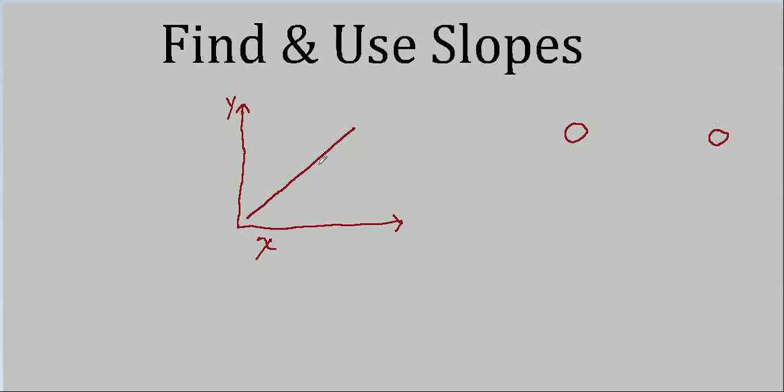So how far did we move our horizontal dial and how far did we move our vertical dial? Well, this right here, this would be the rise. It tells you how far up it goes.